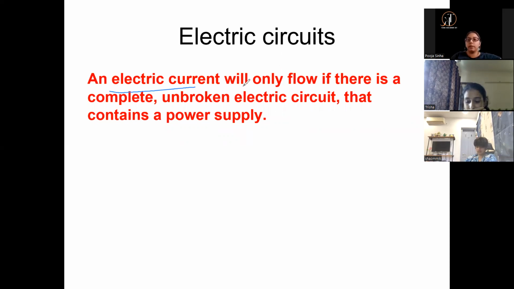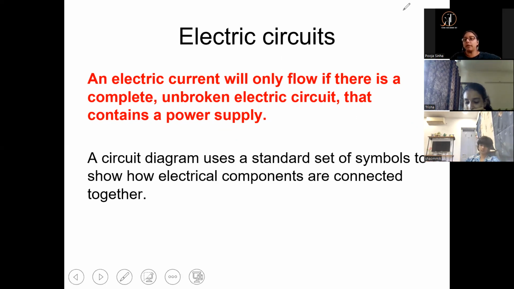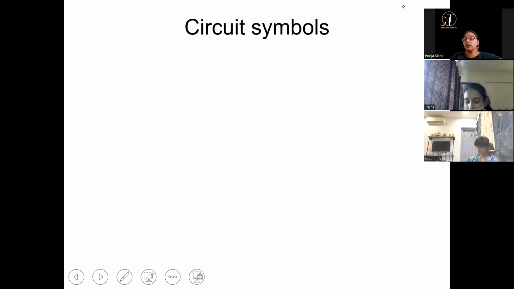Electric current will only flow if there is a complete unbroken electric circuit that contains a power supply. So the current is only going to move if the loop is complete and there's no cut in that loop, correct? So we have certain standard symbols, which I want you to write down.